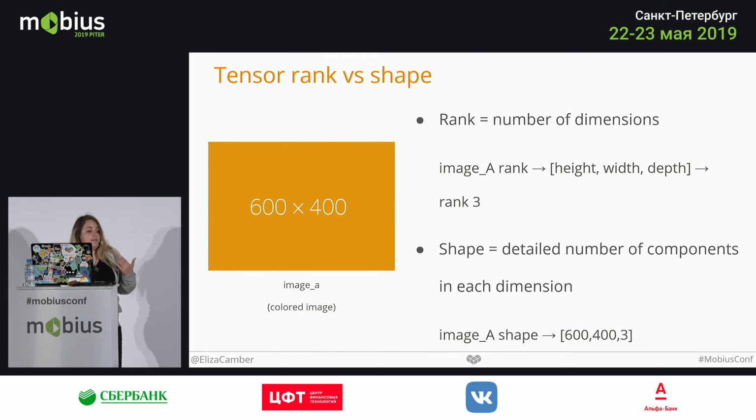But the shape is going to be a more detailed version of the components that it has. So instead of just height, width, and depth, which is a rank 3, we're going to have this tensor over there, which is 600.400.3. So the rank is 3, and the shape is the array over there.